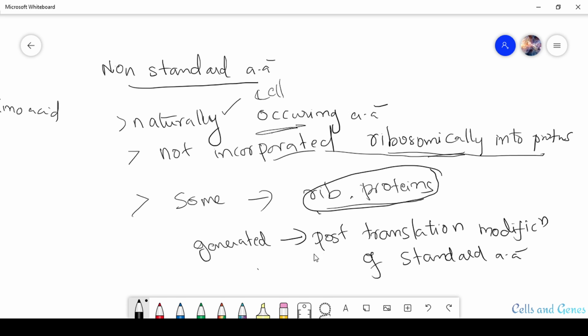How? They are generated by post-translational modification of standard amino acids.